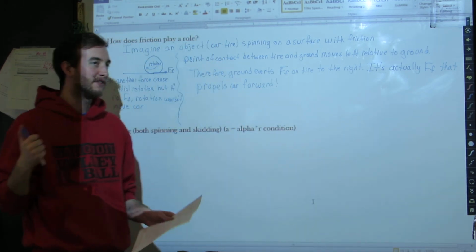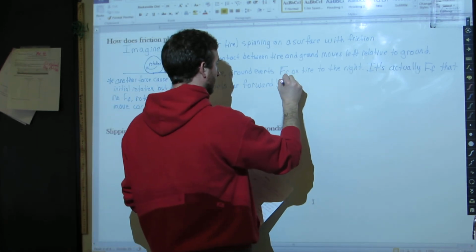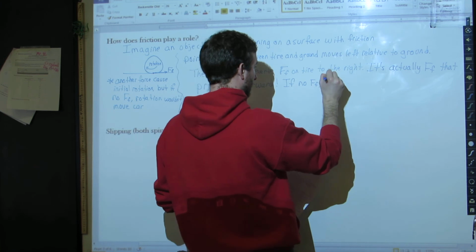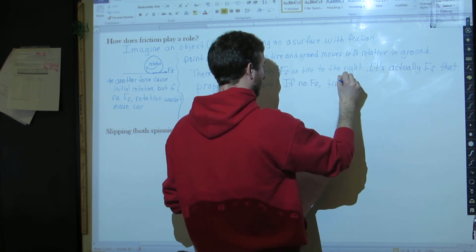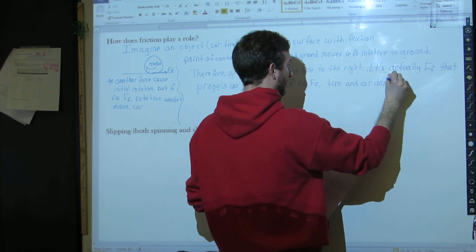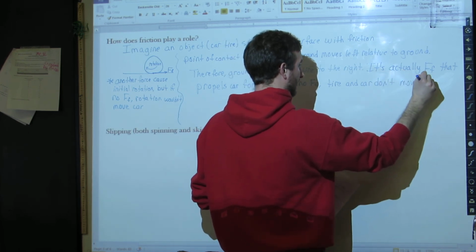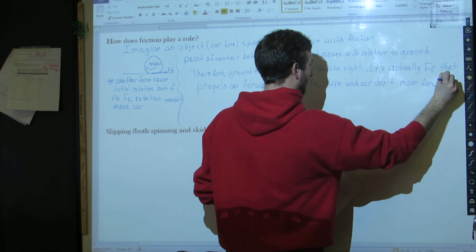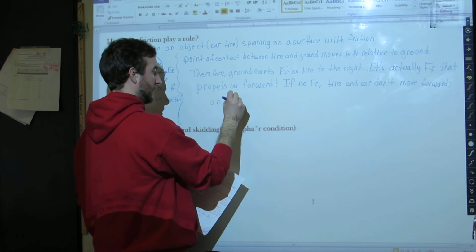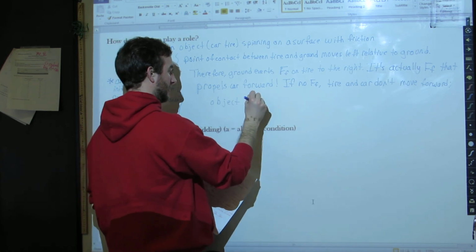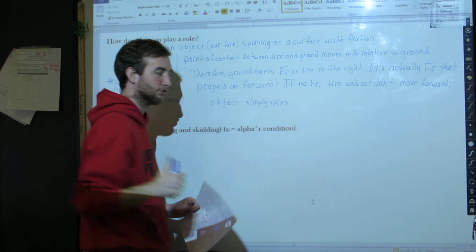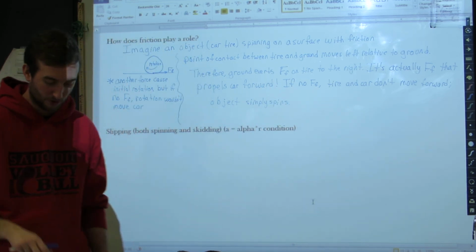The alternative case, if there was no friction, is that the tire and car don't move forward, and the wheels will simply spin. Friction allows it to translate forward in addition to rotate.